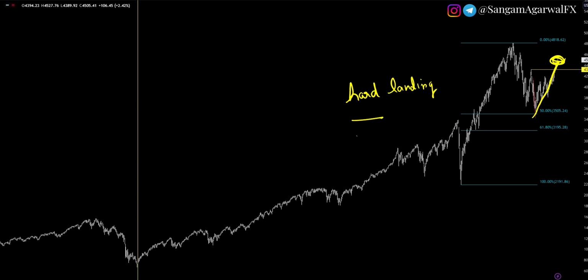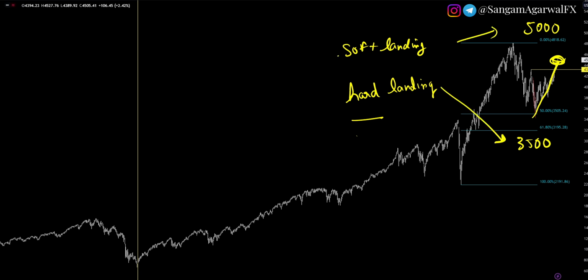So hard landing means S&P 500 trading below 3500, and soft landing means S&P 500 trading above 5000.